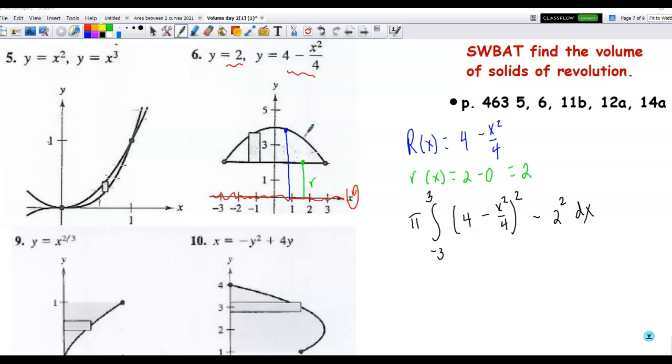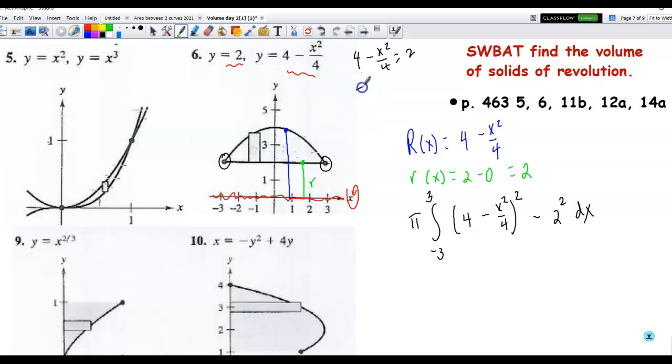All right, as I look back at that setup, I'm noticing that I don't think the start and stop is -3 and 3. I think I made an assumption there. So I'm going to set these two curves equal to each other to make sure, because I don't think this is -3 and I don't think this is 3. So if I set those two curves equal to each other, I get 4 minus x squared over 4 equal to 2.